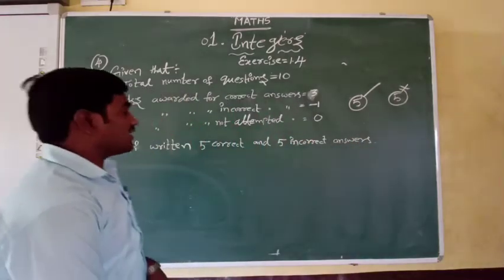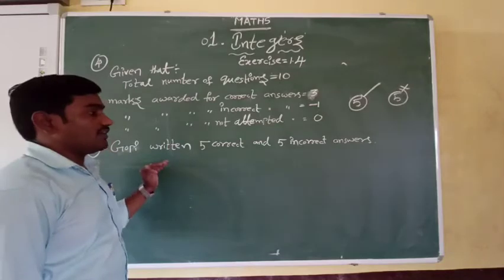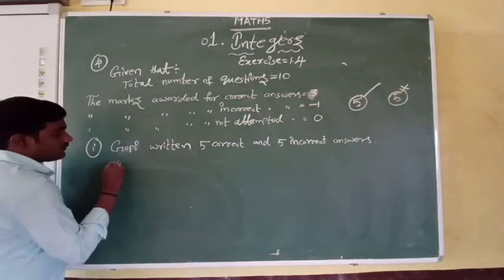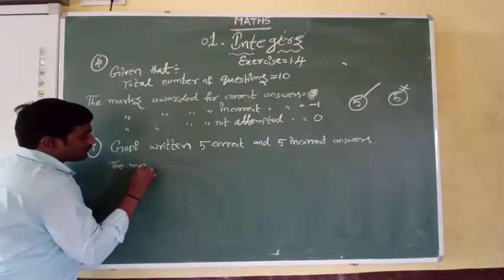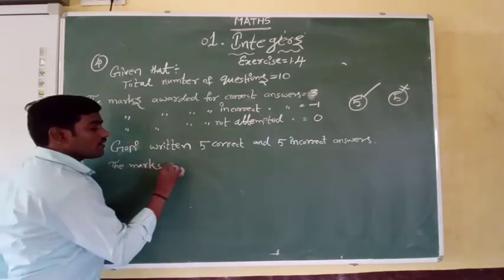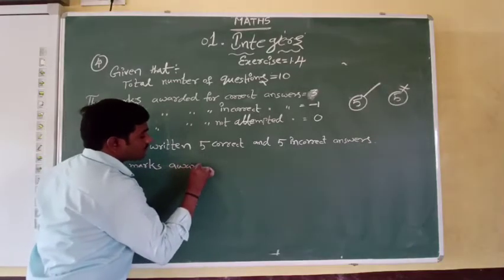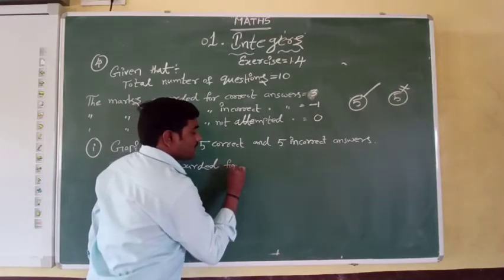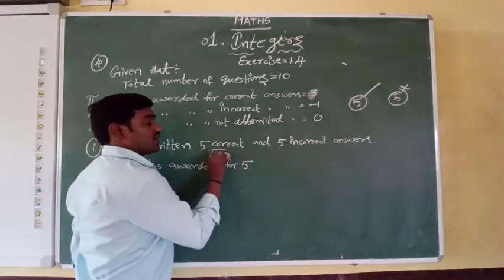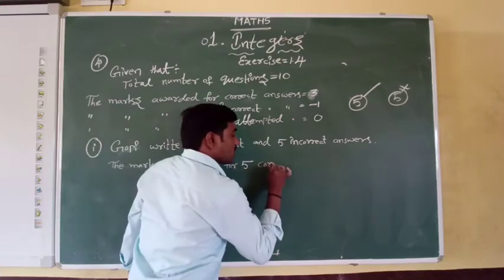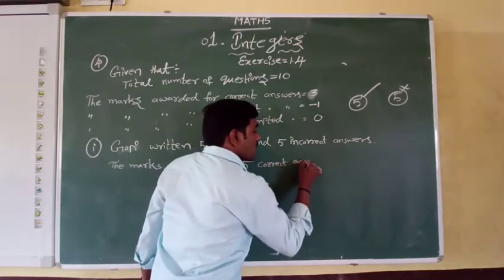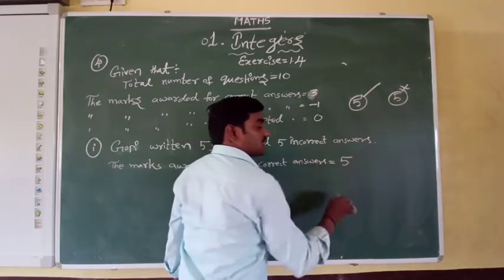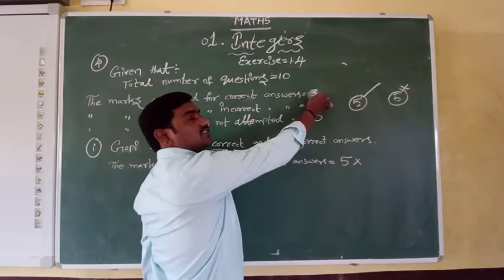So the marks awarded for 5 correct answers equal to, and the marks awarded for 5 incorrect answers equal to, that we have to write. Therefore the marks awarded for 5 correct answers equal to, see, 5 questions you have written correct, for every correct answer 3 marks are awarded.